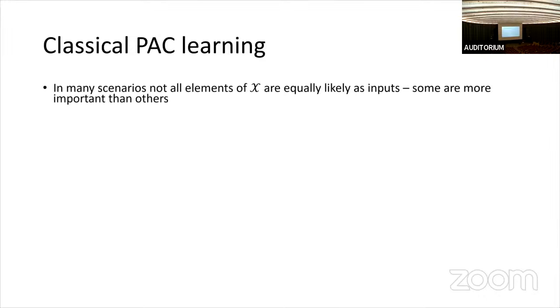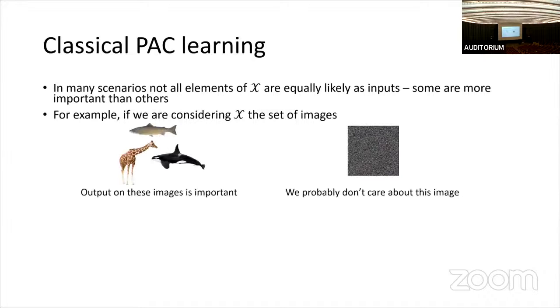Now, in most scenarios, not all inputs to your function are equal. You care about some a lot more than others. For example, in the previous example, you probably care about what your neural network or algorithm says on images like this. You probably don't care what it says on some random pixelated noise. And you're far more likely to get inputs to your algorithm that look like this than random pixelated nonsense.